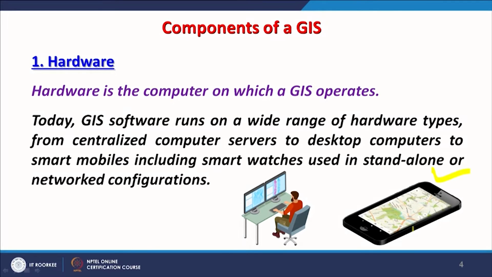Next is a very important component, the software. When I started discussing the historical development of GIS in the previous lecture, I discussed how Roger Tomlinson, who is known as the father of GIS, initially developed the software, that is the Canadian GIS or CGIS.